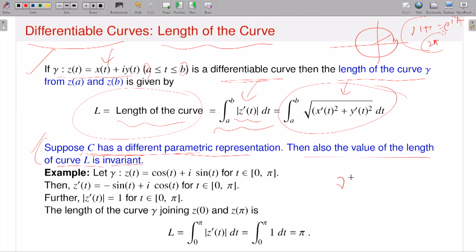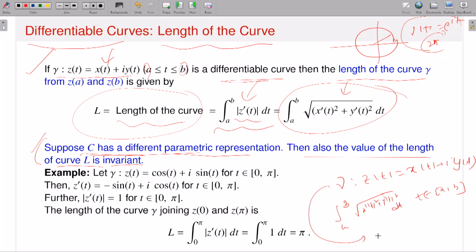That means if gamma has a parameterization, let it be z(t), which is x(t) plus i y(t), where t runs from a to b, then whatever value you get is the integral from a to b of the square root of x prime of t square plus y prime of t square dt.